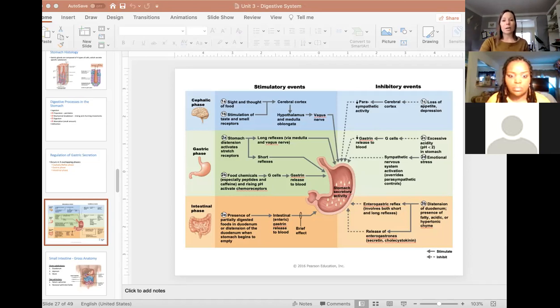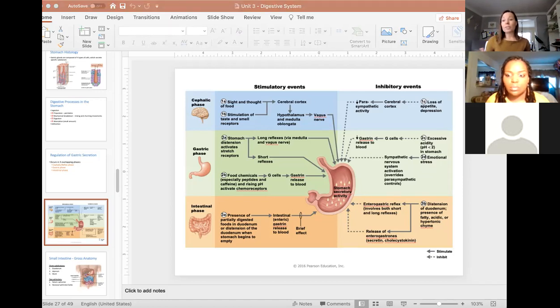And there's a nerve called the vagus nerve, and I'm not going to ask you tons of details related to this diagram, but just knowing that within the cephalic phase, when you see food, when you think about food, the vagus nerve actually travels. It's a cranial nerve and it goes from your brain all the way down to your digestive tract. So it connects to the stomach.